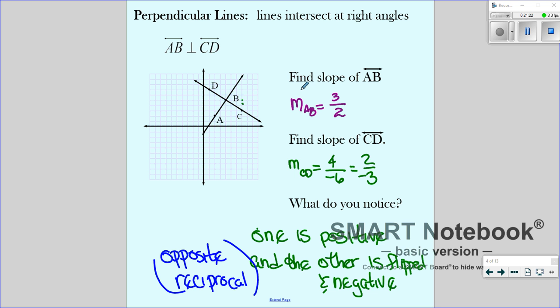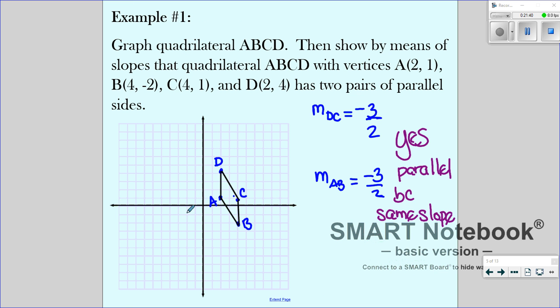Again, you got to look at the slope of the two lines. And if you have opposite reciprocals, that means one of the fractions is reversed and it's opposite, either positive or negative, then it is perpendicular. And you could use that to apply, especially with shapes, to see if the lines are parallel or perpendicular.